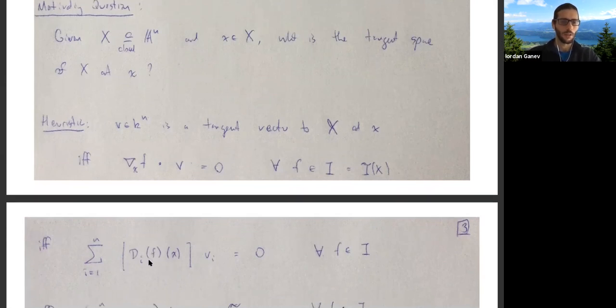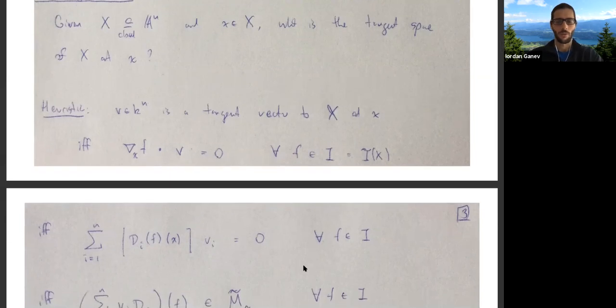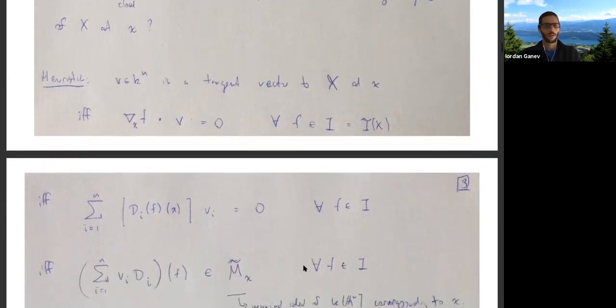Each partial derivative is a polynomial in n variables, since we're in A^n, and we evaluate it at x, and then we multiply by these v_i's, and the sum of all these things should be 0 for any f in the defining ideal of X. If we rearrange this a little bit, we can think of these v_i's as coefficients on the partial derivatives.